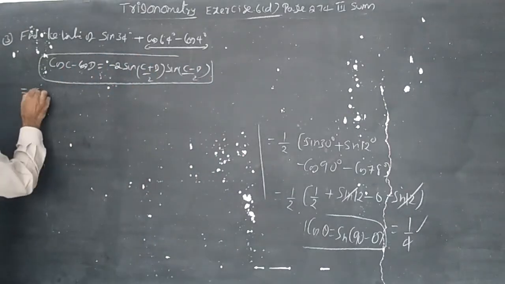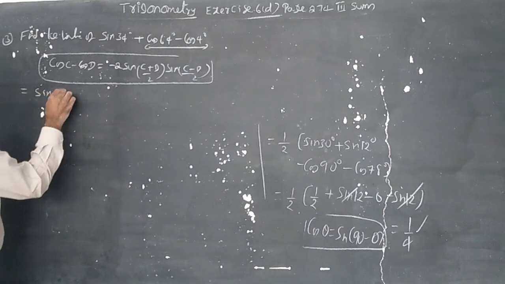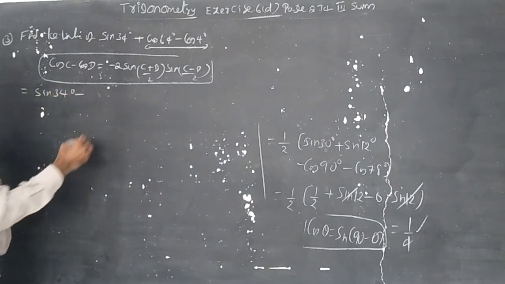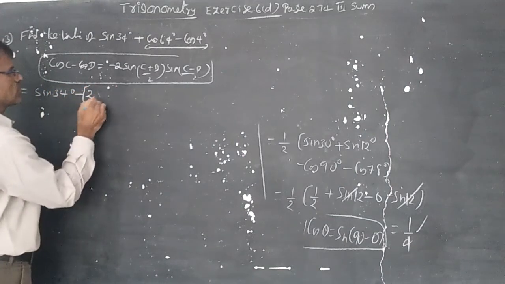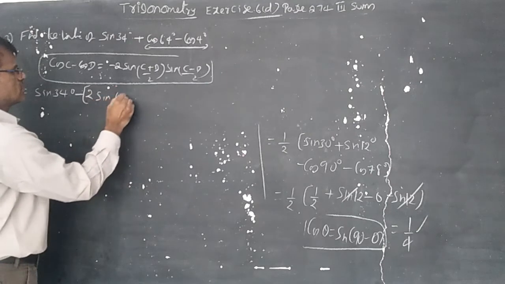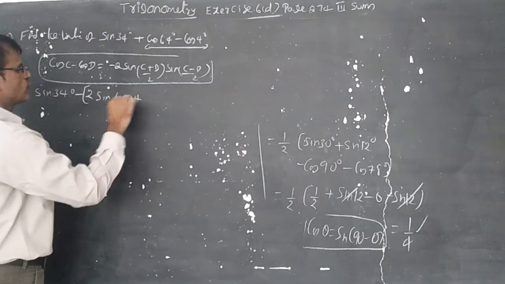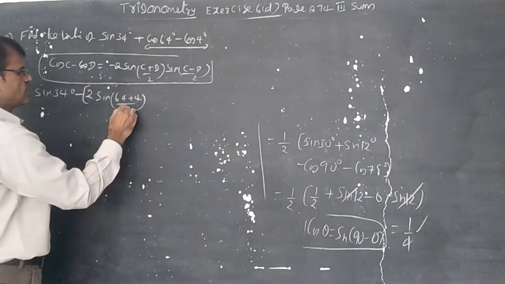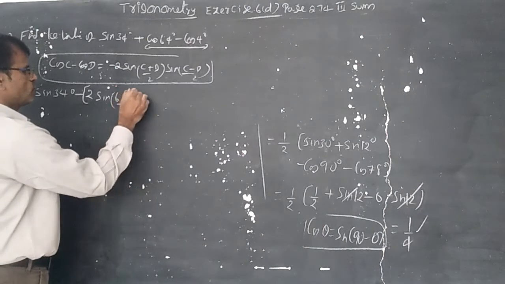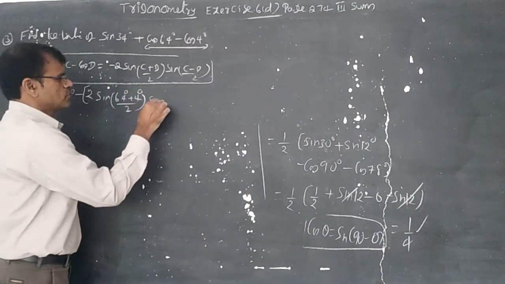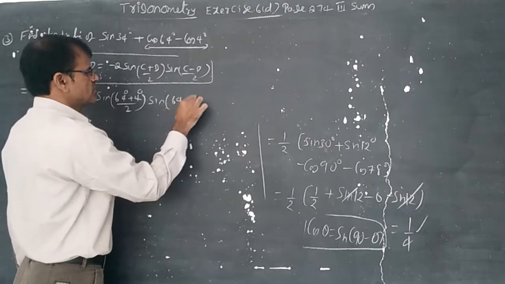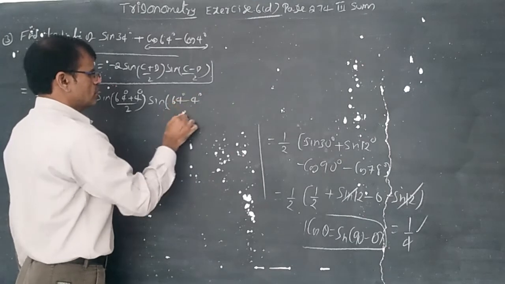Don't change sin 34, and here it is minus 2 sin of (64 plus 4) by 2, of course in degrees, into sin of (64 minus 4) by 2.